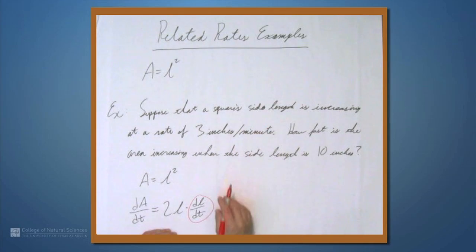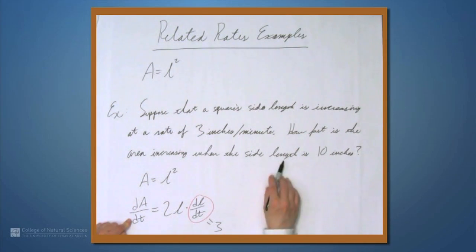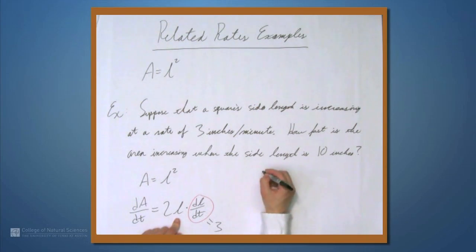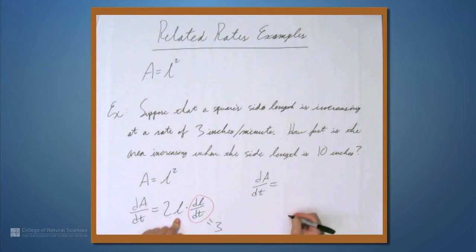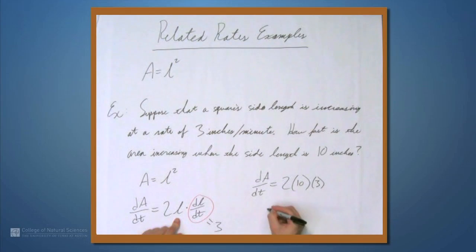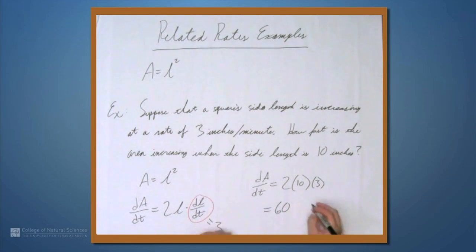That's what we're told. The square's side length is increasing. So this is equal to 3. And we're looking for dA/dt when the side length is 10, so we also know what L is. So dA/dt is 2 times 10 times 3. So this is 60 square inches per minute.